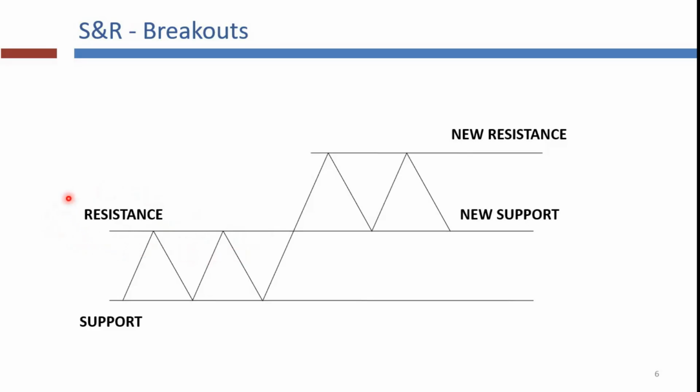As we know, resistance zone is a supply zone, that is where selling pressure or supply pressure is greater than demand pressure or buying pressure. So now if price is breaching or breaking out of that particular zone, it means that demand pressure or buying pressure was so strong that the supply pressure which was present was nullified by the demand pressure during breakout.